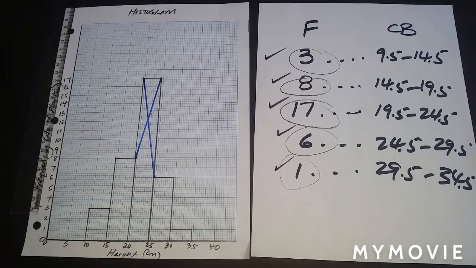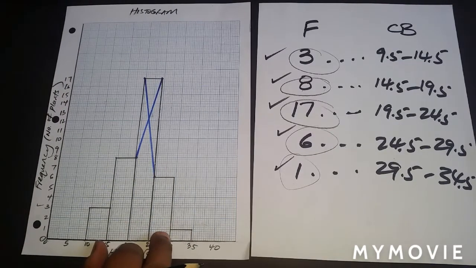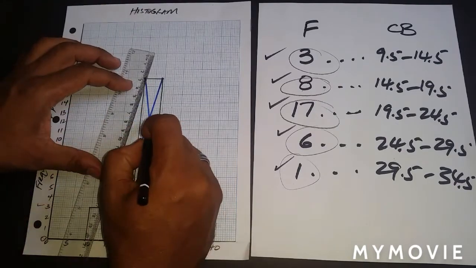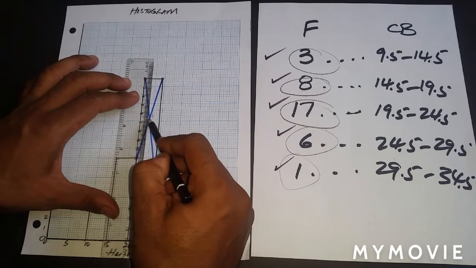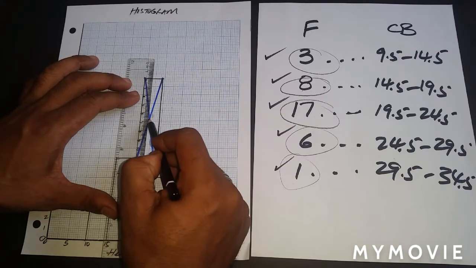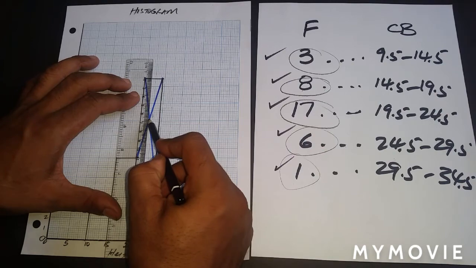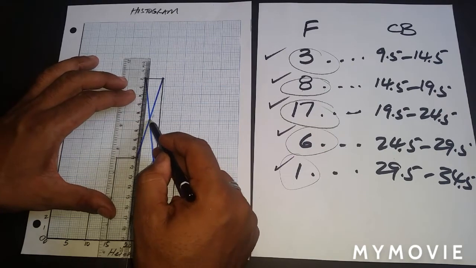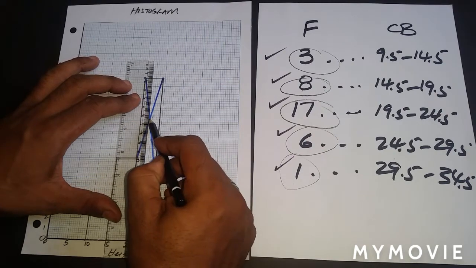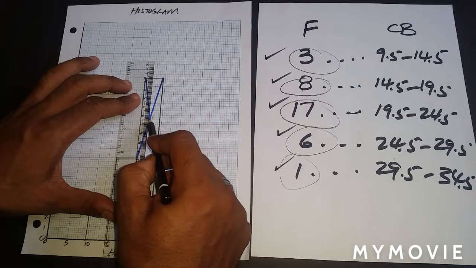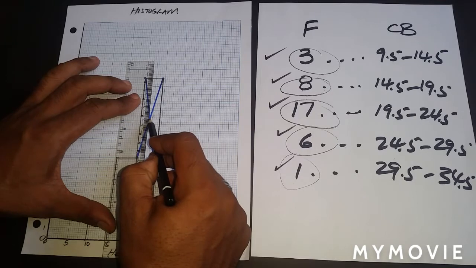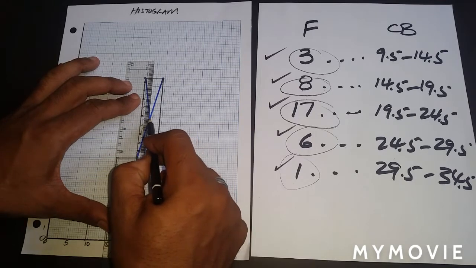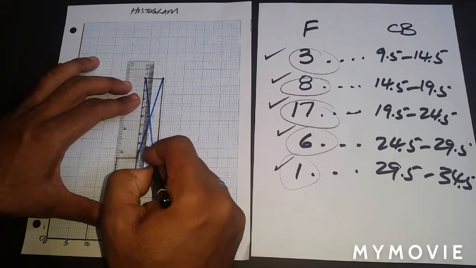And where the 2 lines intersect now, I'm simply going to ensure that I draw a vertical line from the intersection and go down. I'm trying to be as accurate as possible. Had it been a pencil, it would have been a little bit easier to establish, so to speak, but all right, let's just do this.